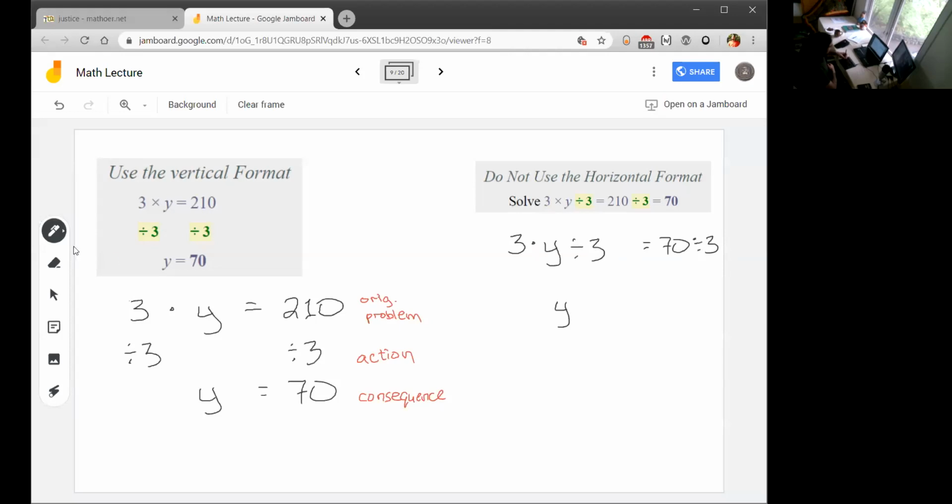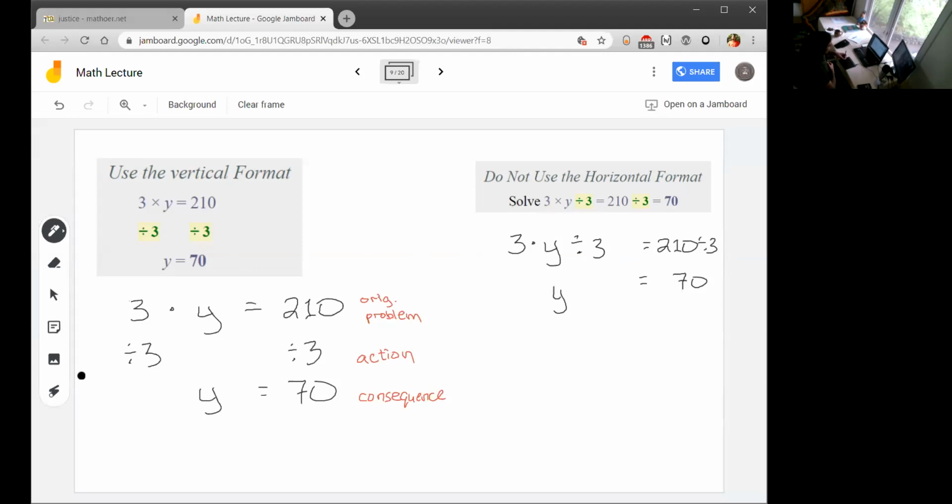And whoops, I wrote this wrong. This isn't a 70, this is a 210. Sorry. Let me just start over as I'm narrating. I could say 3 times y is 210. What's the opposite of times 3? Divided by 3. That gets y by itself. 210 divided by 3 is 70.